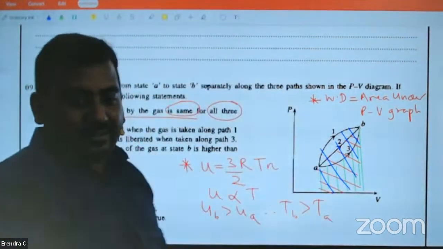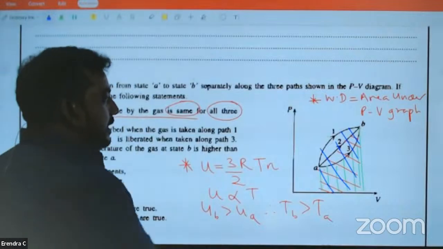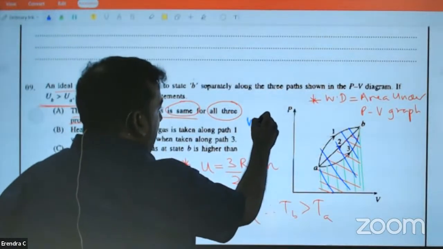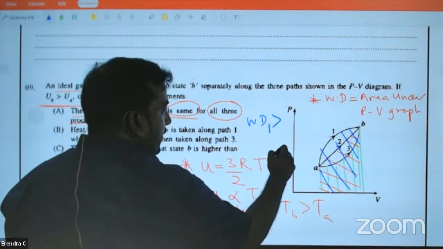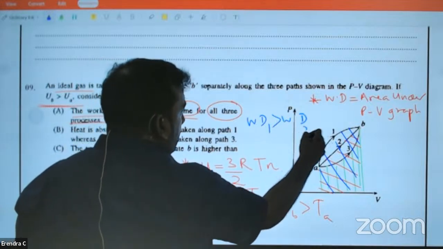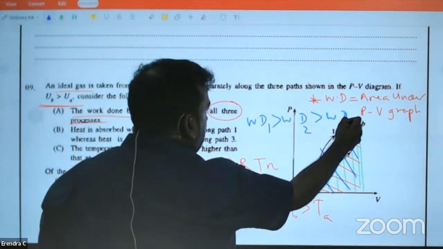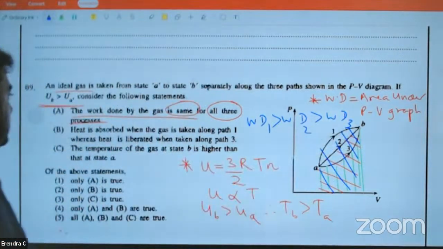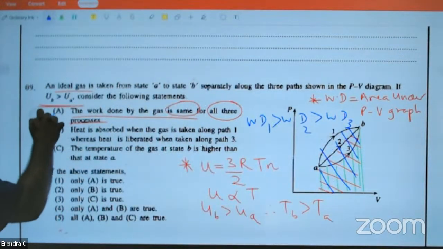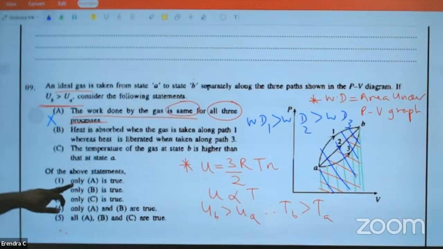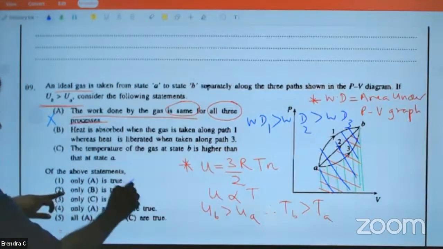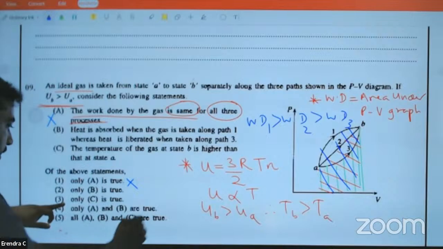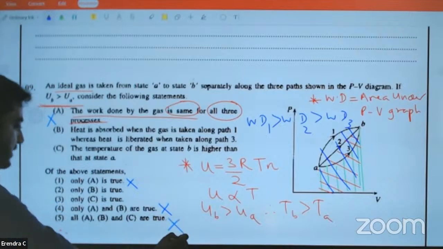No. Areas are different. Actually, work done in 1 is greater than work done in 2, which is greater than work done in 3. Work done are different. Statement A is wrong. That means wherever there is A, it is wrong.